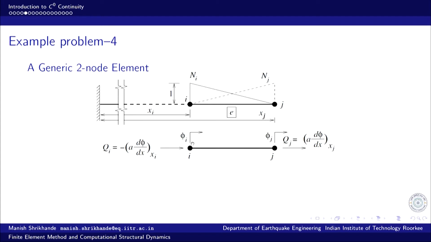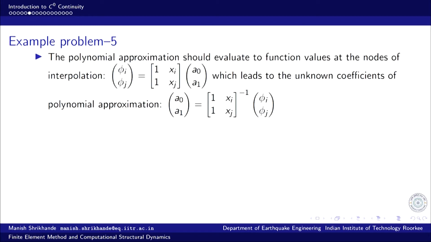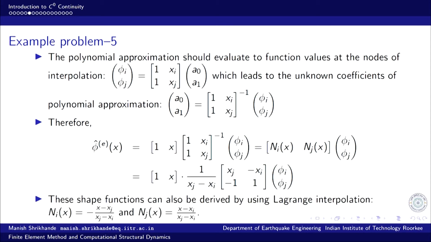Similarly, the interpolation function for node j increases from 0 at node i to unity at node j linearly, and phi i and phi j are the primary variables at these 2 nodes. This is the basic expression of interpolation: phi i N i plus phi j N j is the variation of the primary variable within the element E. By imposing the interpolation conditions we can determine the a 0, a 1 coefficients, and they are identical to what we can write straight away using the Lagrange interpolation formula.